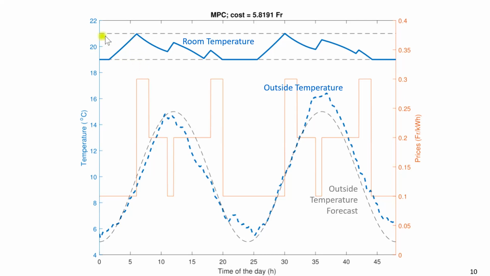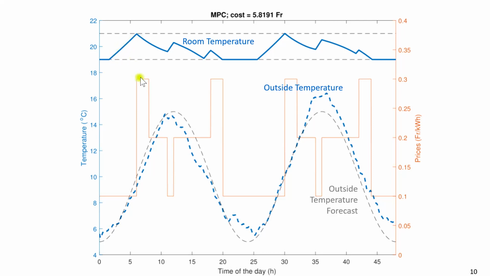It was not putting the temperature to 21 degrees during the whole night, because electricity is cheap. No, it knows exactly how much time it will take to raise the temperature from 19 to 21, and it does it just before the high prices value here. So this is a form of storage.